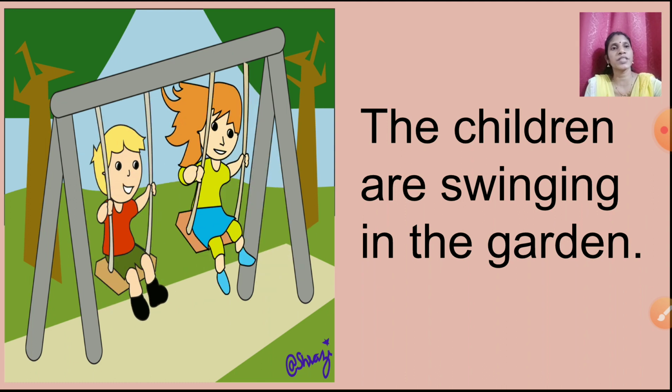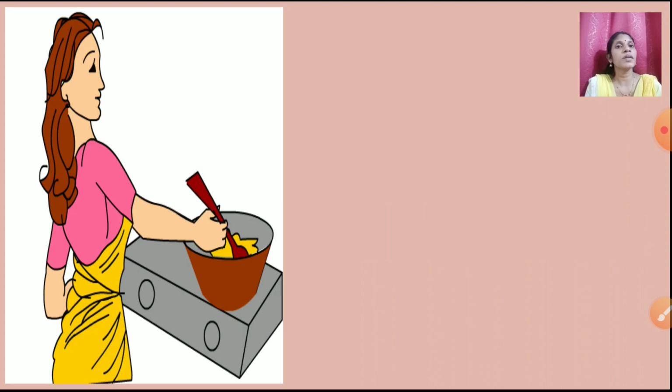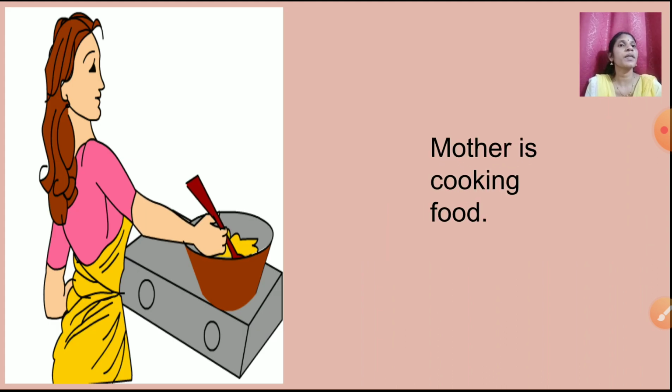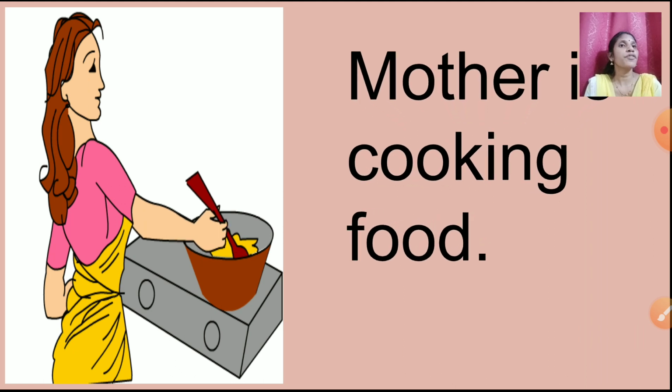Okay. Now next one. Here you can see mother is cooking food. So here children, only one naming word is there. That is mother. Okay. So when we are talking about one naming word, that time we are supposed to use is. Okay. Now the next one.